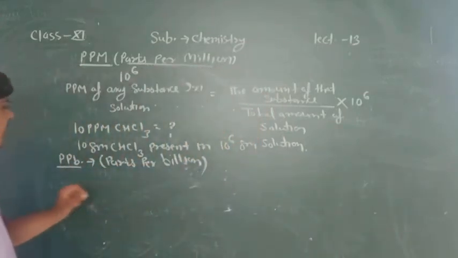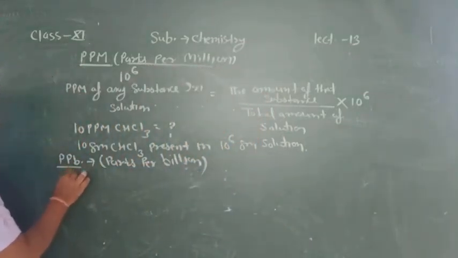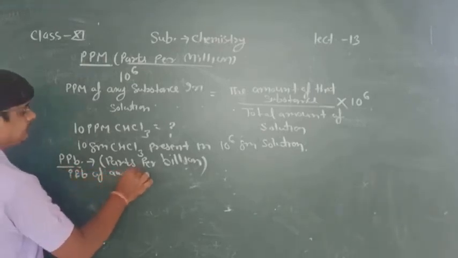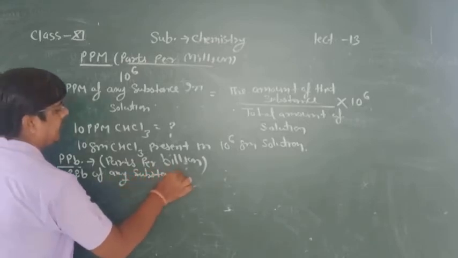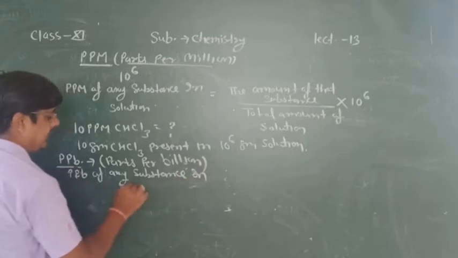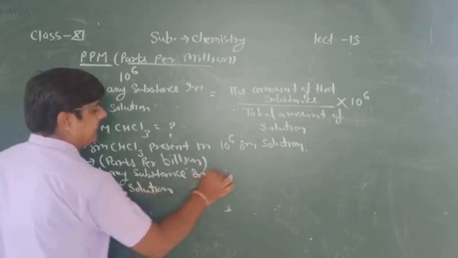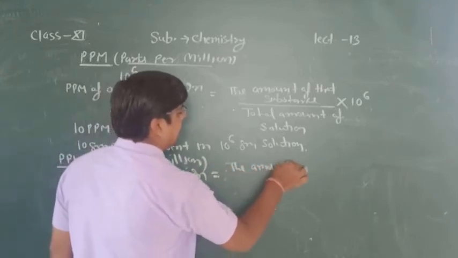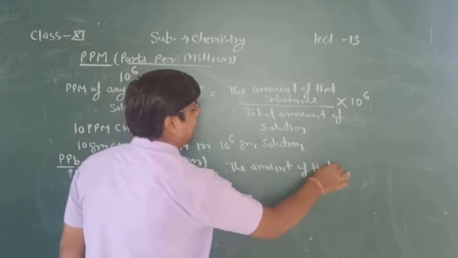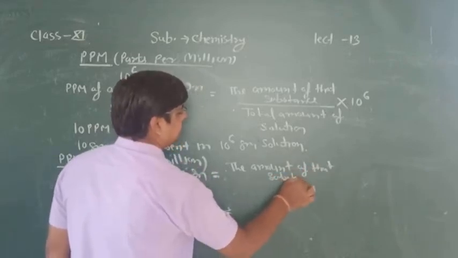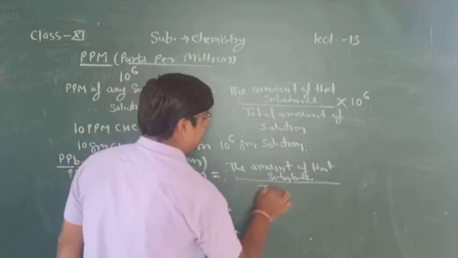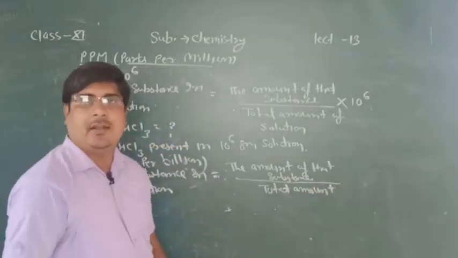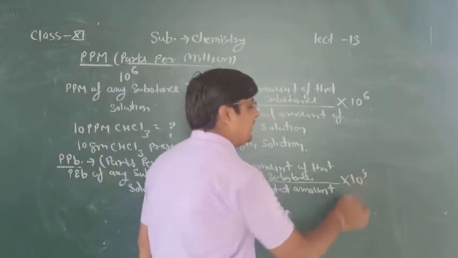According to this formula, the ppb of any substance in solution can be calculated by the amount of that substance upon the total amount of solution, then we multiply it by 10 to the power 9 to calculate the ppb.